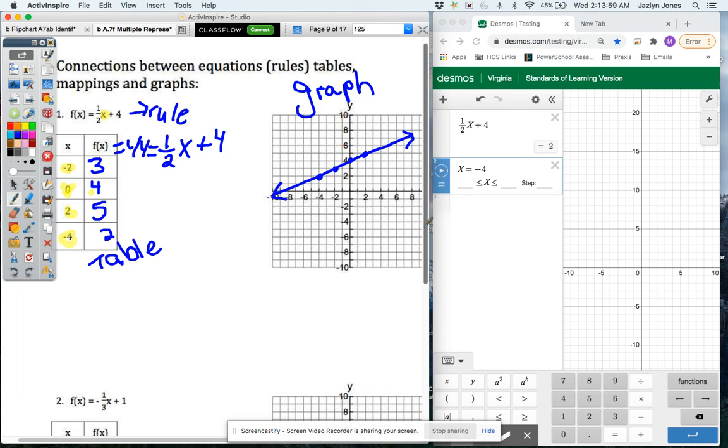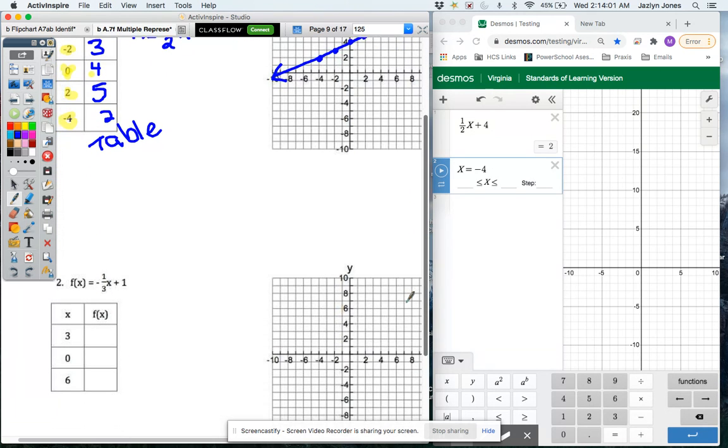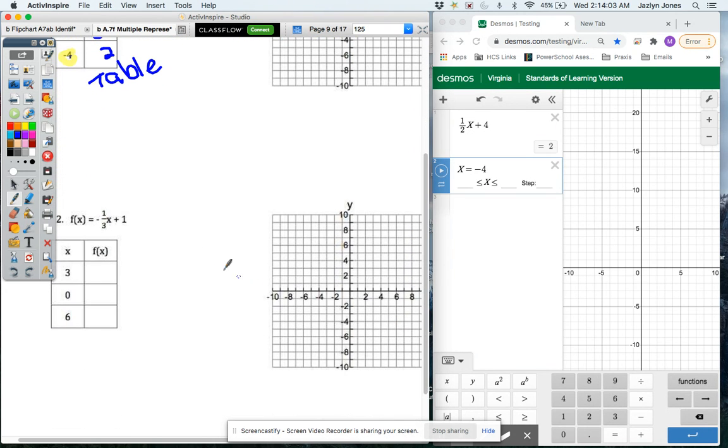Okay. So I'm going to do one more with you. We know this is my rule. The same thing as saying y equals -1/3 x plus 1. And I'm going to plug it in here to get my graph.